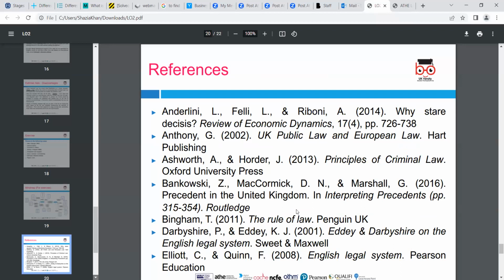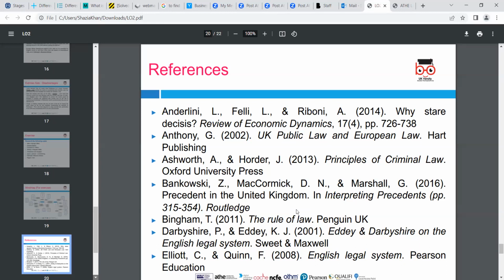Okay, we've finished the session now on statutory interpretation, and these are some of the references that you could look at to help you with the exercise that I set with the case law. You've got UK Public Law and European Law, HARP publishing.